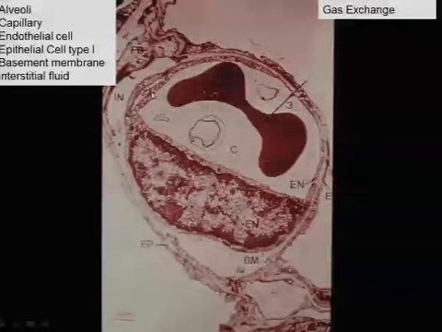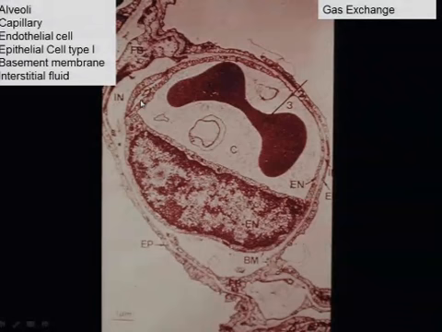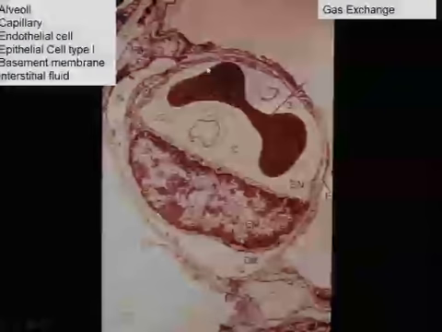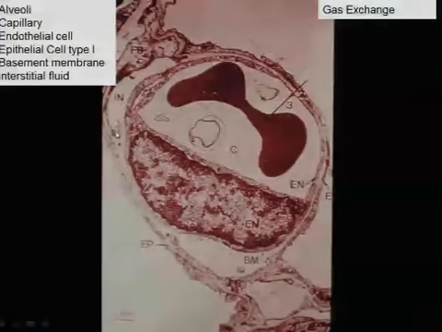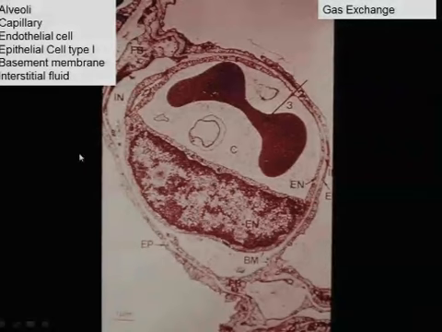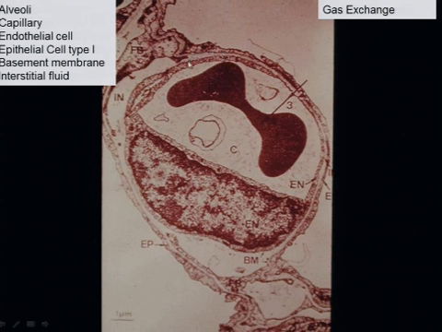So you can see once again, the epithelial cell and the endothelial cell are practically touching each other and bound to each other. There is, however, this very small, thin separation between these two membranes, and that's where we have our interstitium. That's where you'll find the elastic fibers. And that's also where we'll talk about when we have edema and fluid accumulation between the basement membranes of these two cell types.